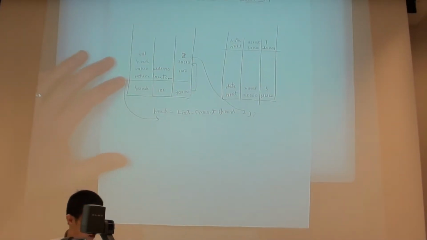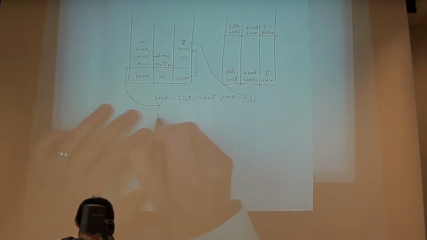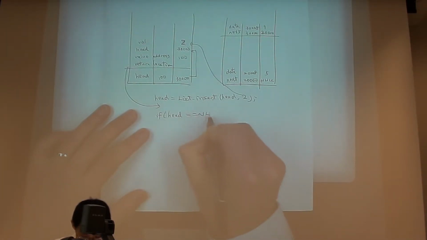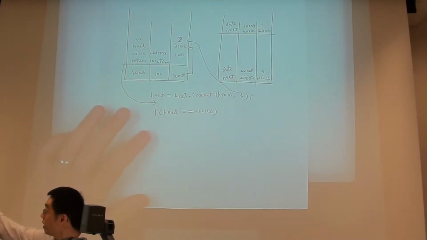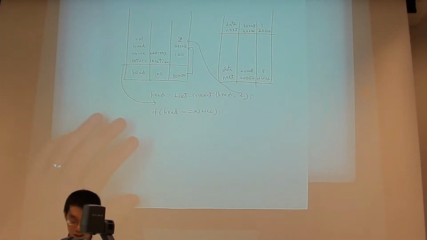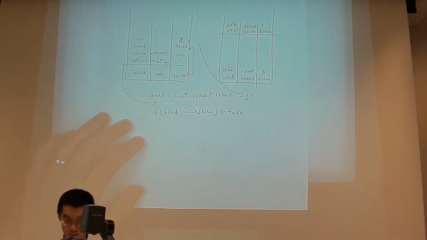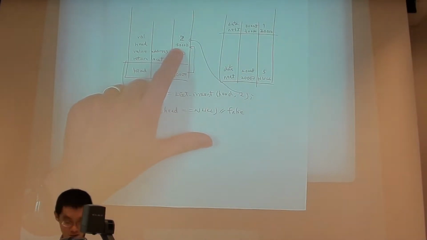Okay. So then I go to the insert function. The first thing to check is if head. So if you look at the insert function over there, that's what we check. It's false, because head value is 30,000. It is not null.